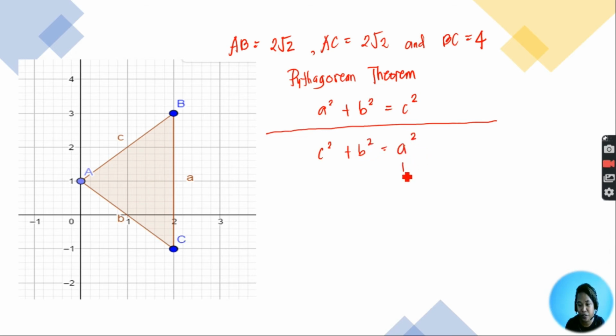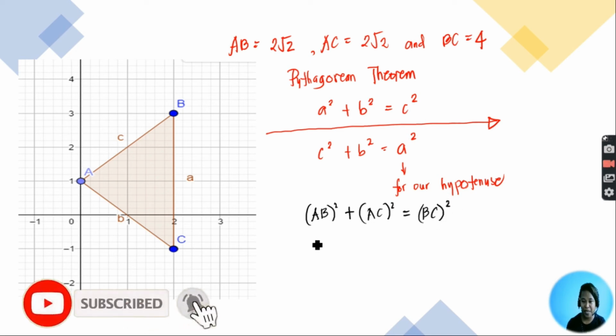So we're going to use a for our hypotenuse since this is the longest side in the given triangle. So c is for AB squared, b is for AC squared, and a is for BC squared.